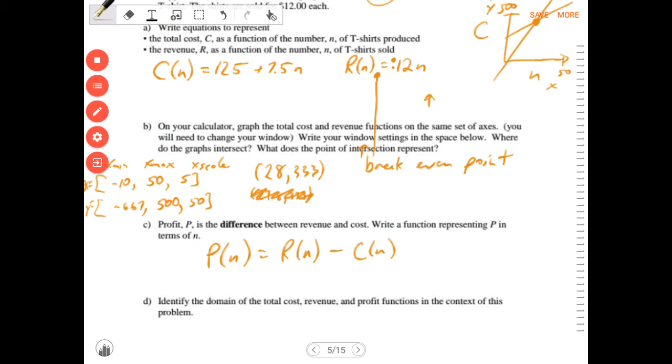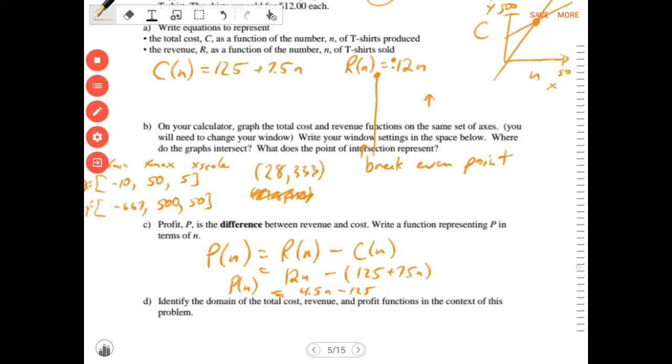The revenue function was 12n, and the cost function is 125 plus 7.5n. When we simplify that, we end up with 4.5n minus 125. So that's our profit function.